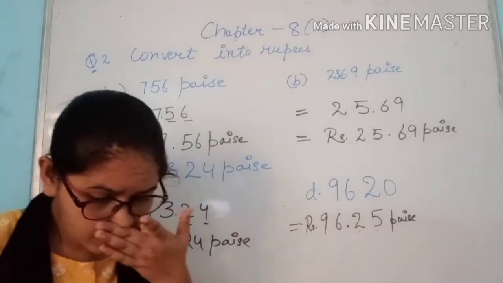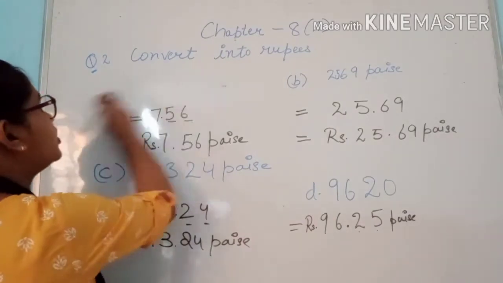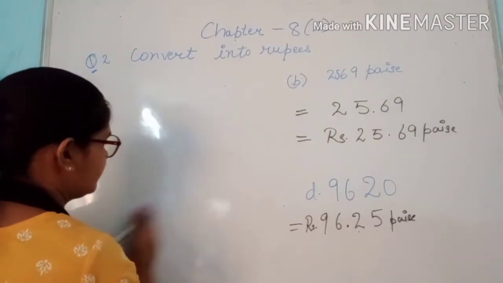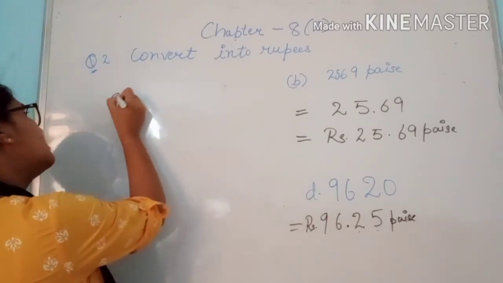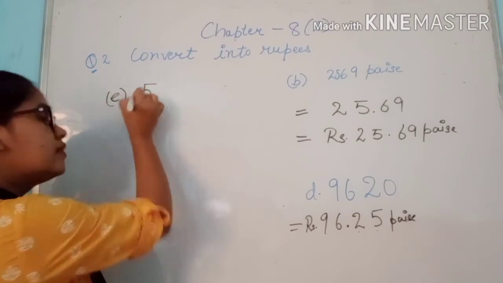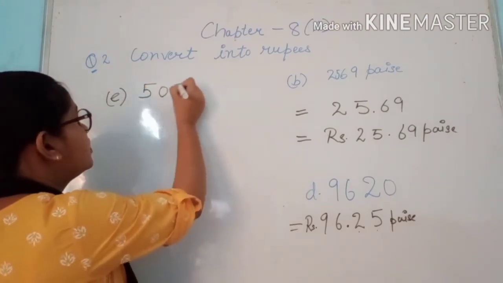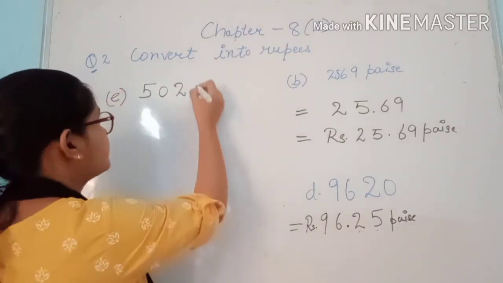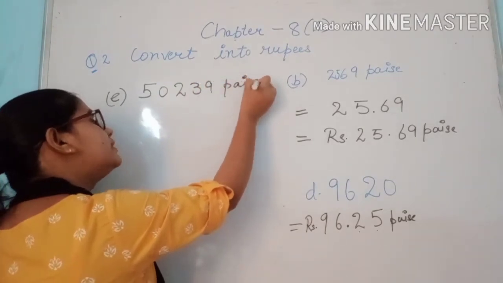Now the E1. So let's do the E1. E1 is 50,239 paise. So we have to convert it.